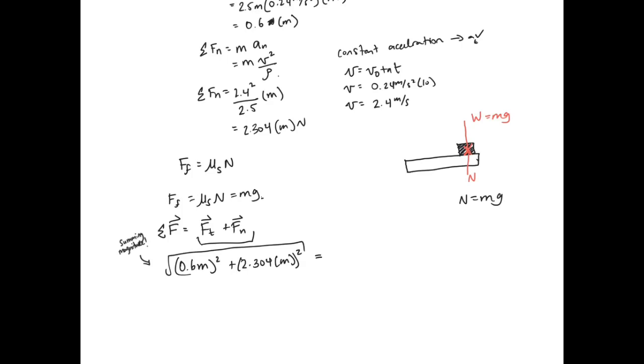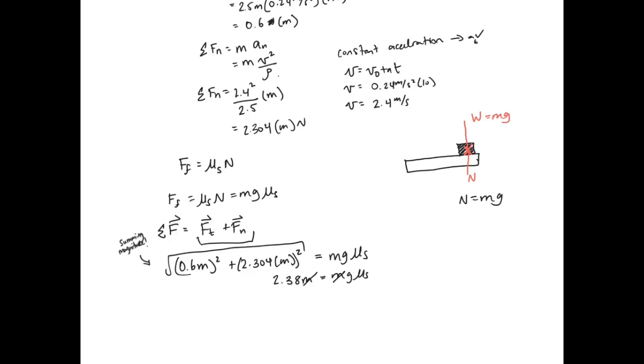So I'm just going to erase this quickly. Oh, I don't know why that won't erase. So this would be times mu s up here. Then our sum of the forces is equal to our friction force, which is equal to mg mu s. When we do the math here, we end up with 2.38 m is equal to mg mu s.